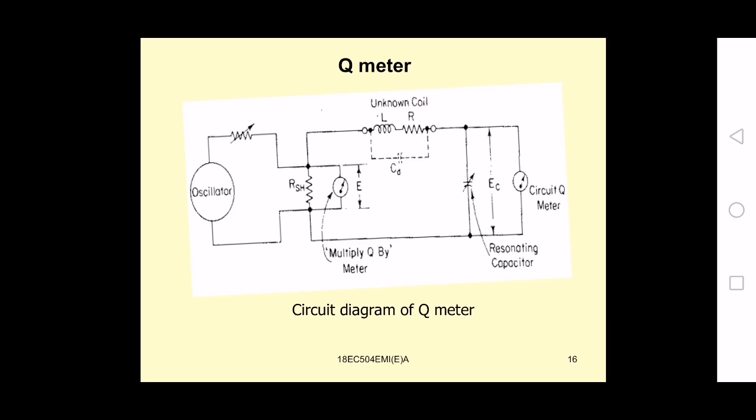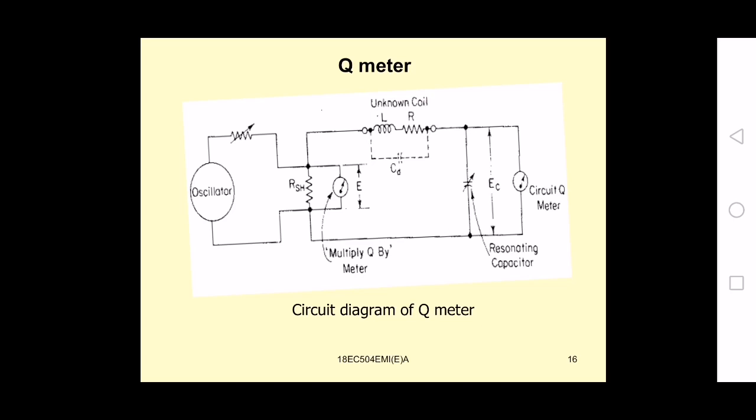As we already know, the Q meter works on the principle of series resonance. For the series resonance to happen, we have to vary either the oscillator frequency or the resonating capacitor, which is variable.